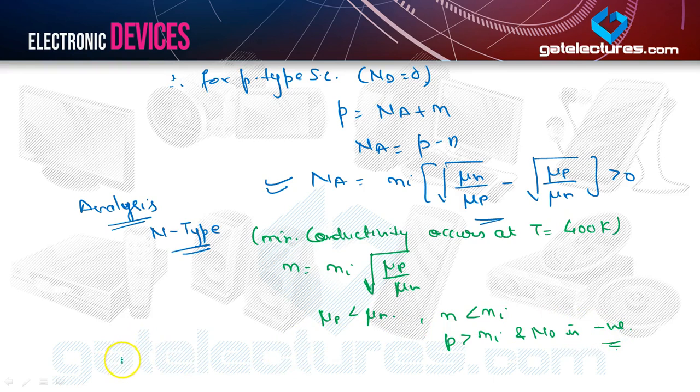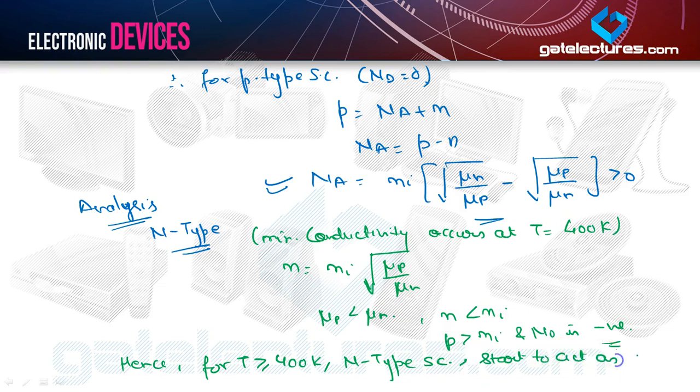So hence for temperatures greater than or equal to 400 Kelvin, n-type semiconductors start to act as p-type semiconductors. Understood? This is very much important. Minimum conductivity occurs at 400 Kelvin, and beyond this temperature, your n-type semiconductors start acting as p-type semiconductors.